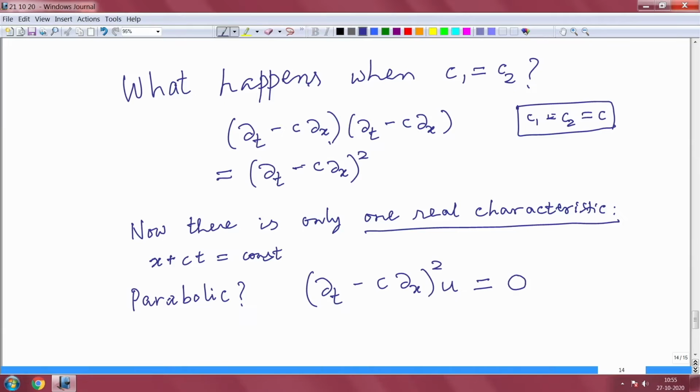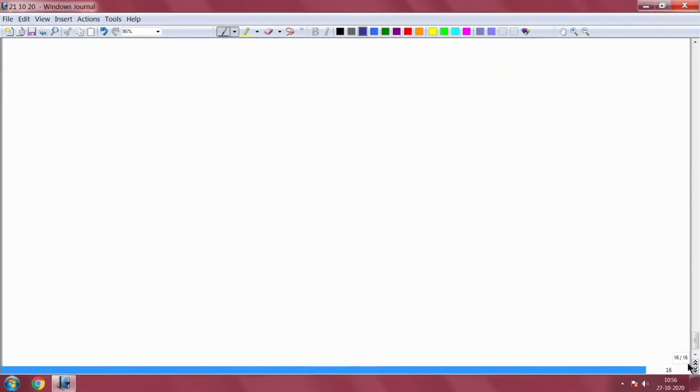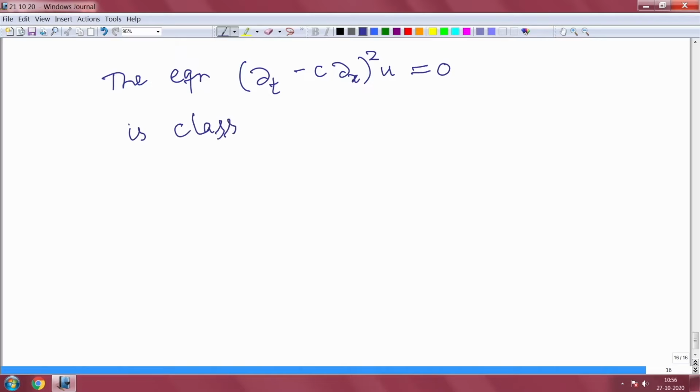There is only one real characteristic, but this should not be called parabolic. The equation (del t minus c del x) squared u equal to 0 is classified as weakly hyperbolic.